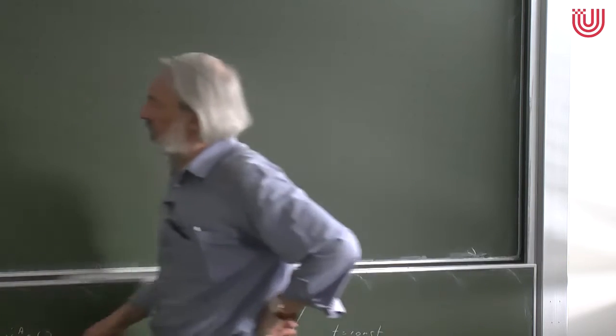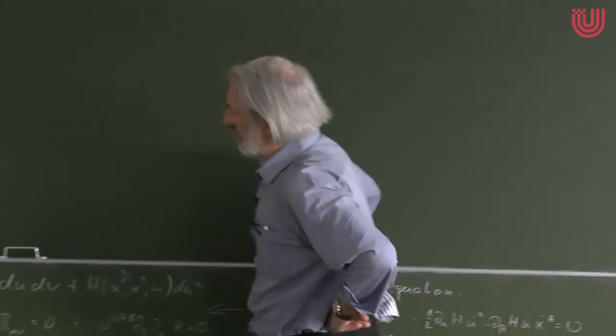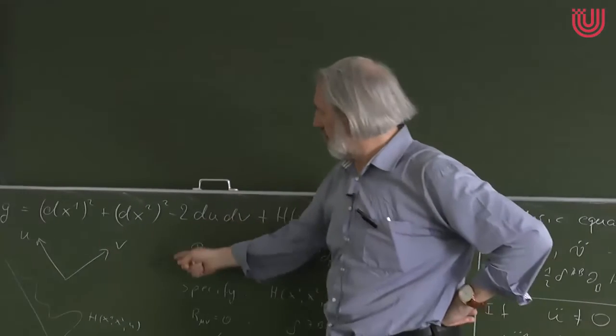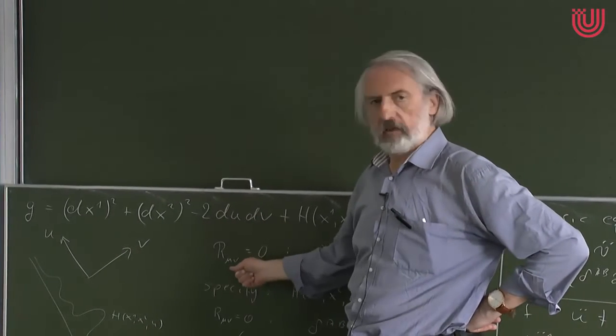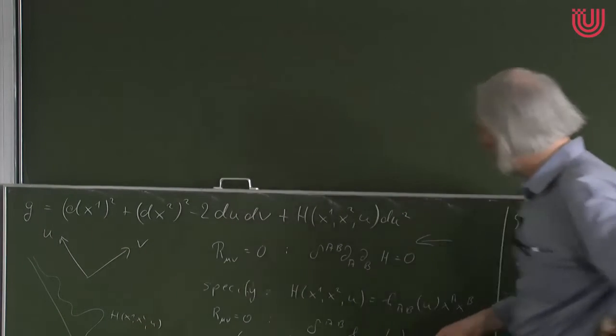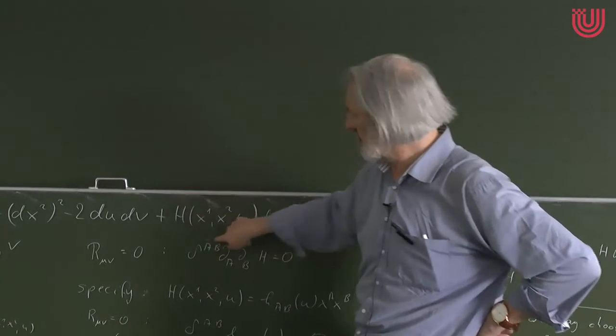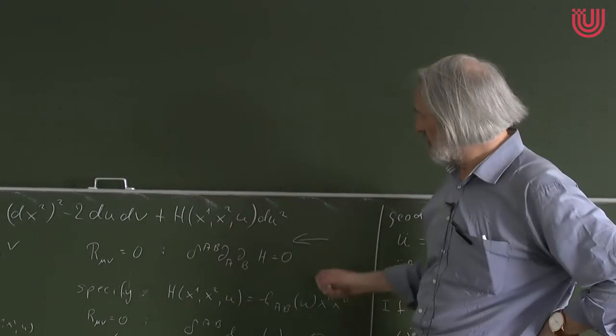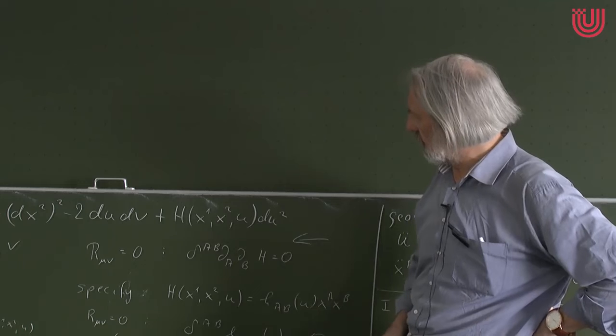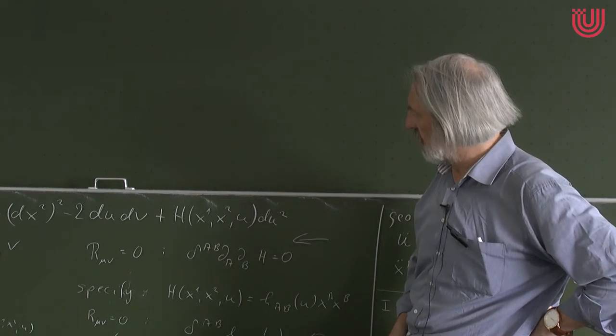So in general, this expression, R_mu nu, contains terms which are nonlinear in the deviation from Minkowski spacetime, and in its derivatives. But in this particular case, it contains only linear terms.